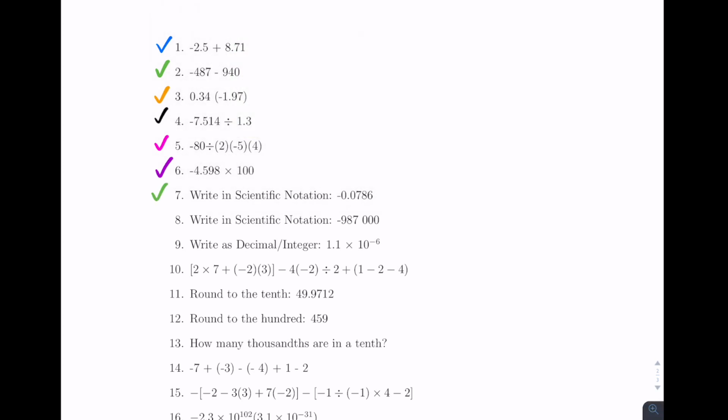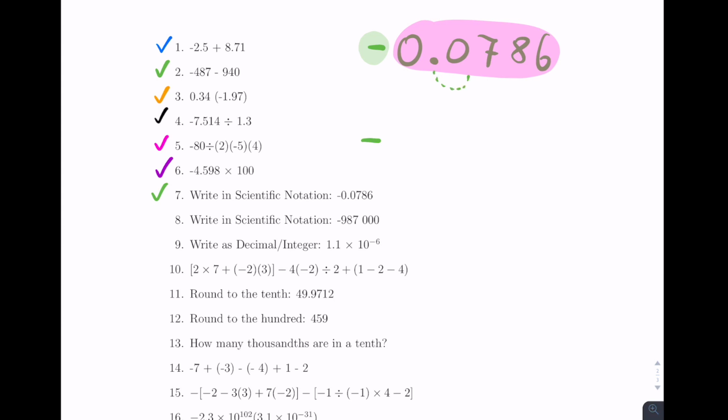Question 7. Writing in scientific notation. Now, the negative in front just tells us the number's negative. Next, the magnitude, so this right here, in scientific notation, we need it to be between 1 and 10.